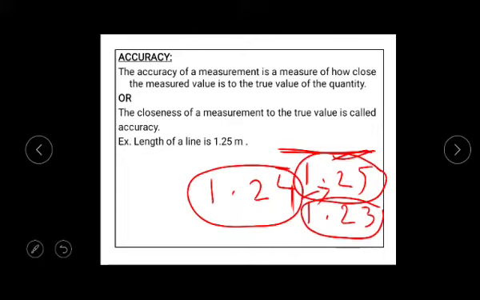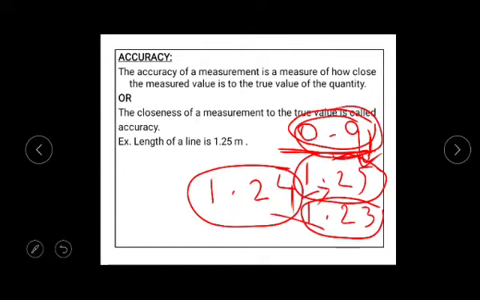Say if it is measured by one more student and he measured it as say 0.9. 0.9 and 1.25, much difference is there, correct? So definitely this value is not at all accurate, means it is not near to the true value. So accuracy is very low, correct?